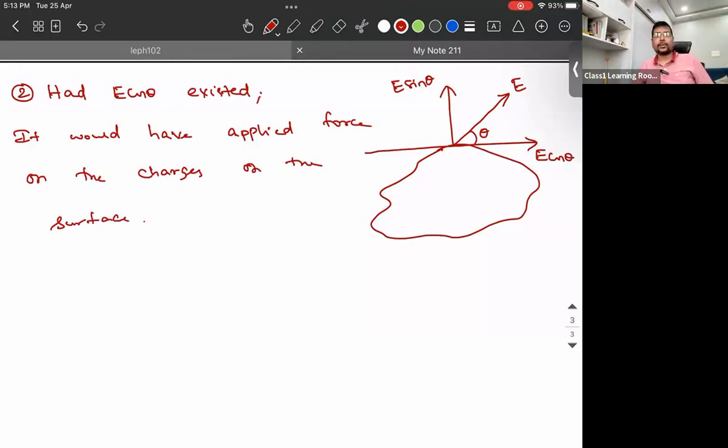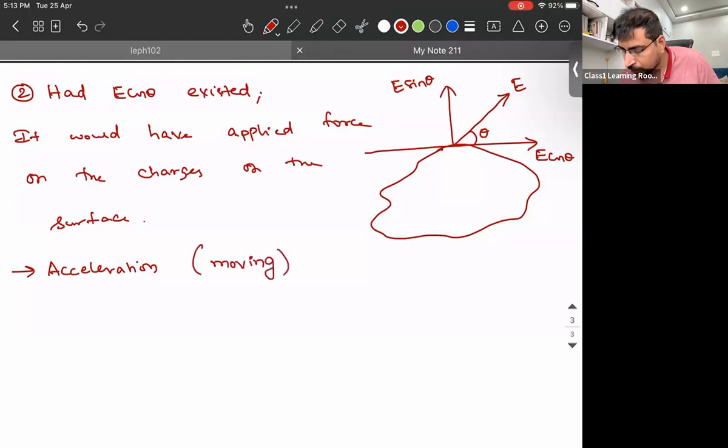That is the first point to be noted. So if those charges started experiencing force, then they would have experienced acceleration, which means they would have started moving in the first place.